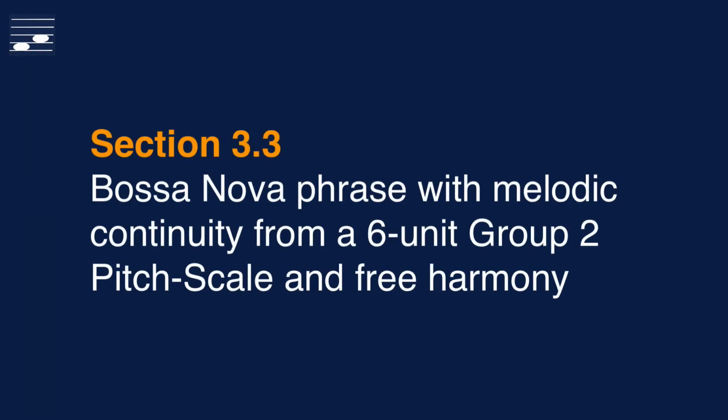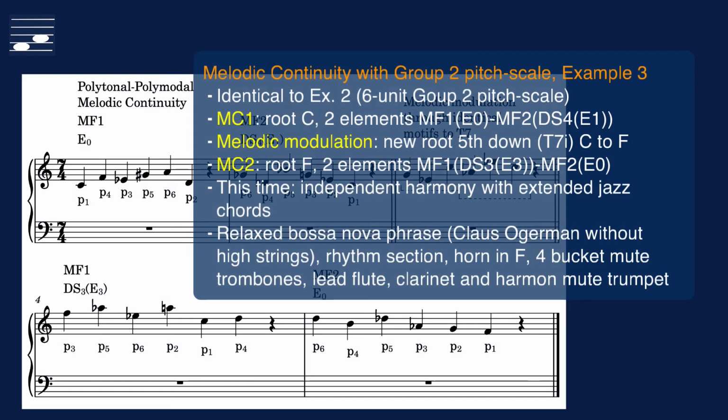As a final example, let's reuse the same continuity but create a completely different mood, a relaxed bossa nova phrase with a new harmony. To harmonize the melodic continuity phrases, we use extended jazz chords that are independent from the scale pitch content. Flute, clarinet and harmon mute trumpet play the lead melody, which is a rhythm overlay over the MC phrases.